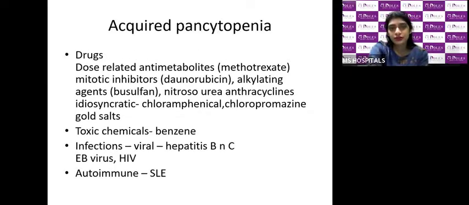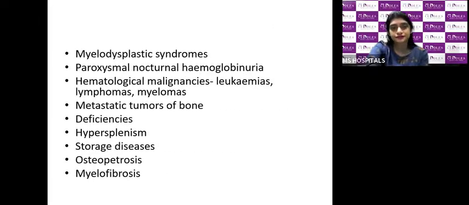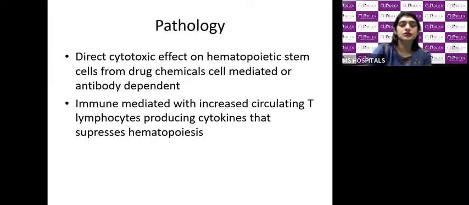So, acquired pancytopenia, these are the causes: drugs, toxic chemicals, infections, autoimmune. These are the acquired causes. In the acquired spectrum, the pathogenesis is pretty much the same. The trigger is one thing, but the final pathology is essentially common to all of these acquired conditions.